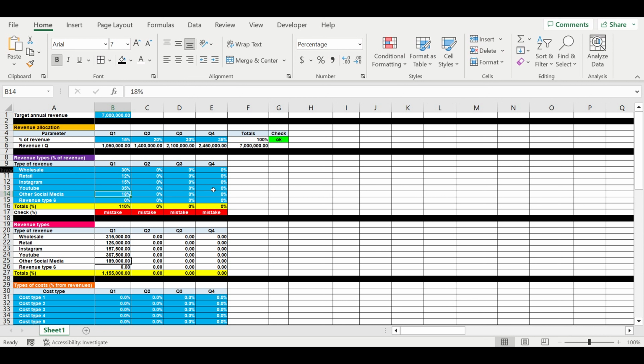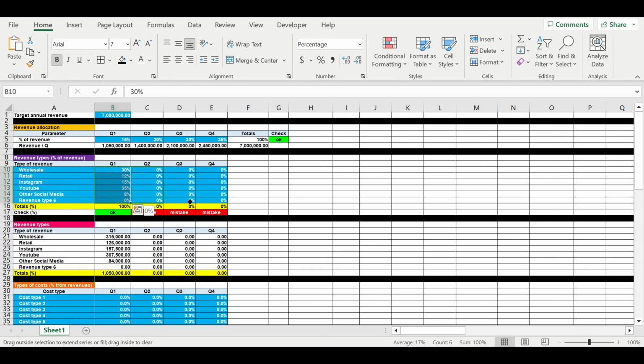Oh no, we have a mistake, so we are selling 8%. Okay. So this is how the revenue is allocated between different sources. So these are our targets.